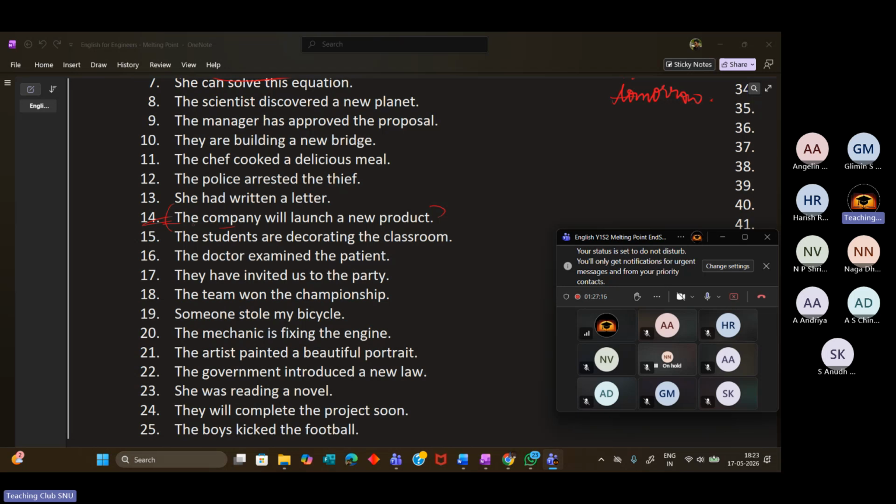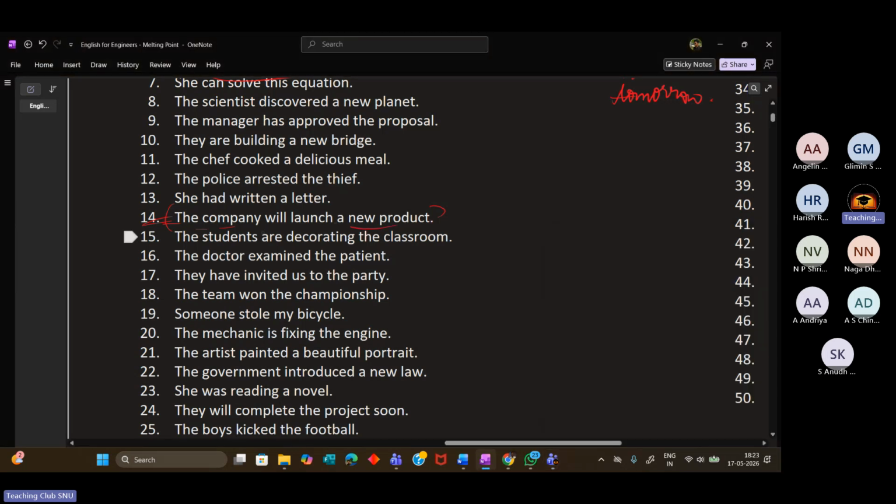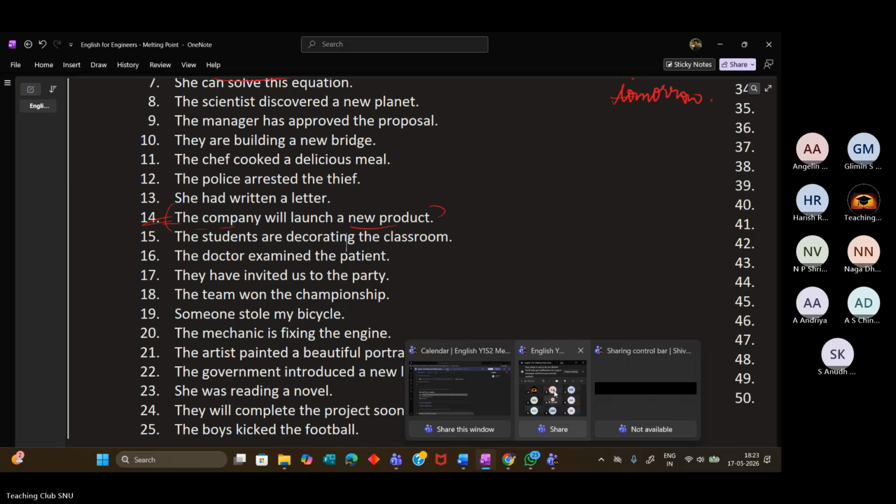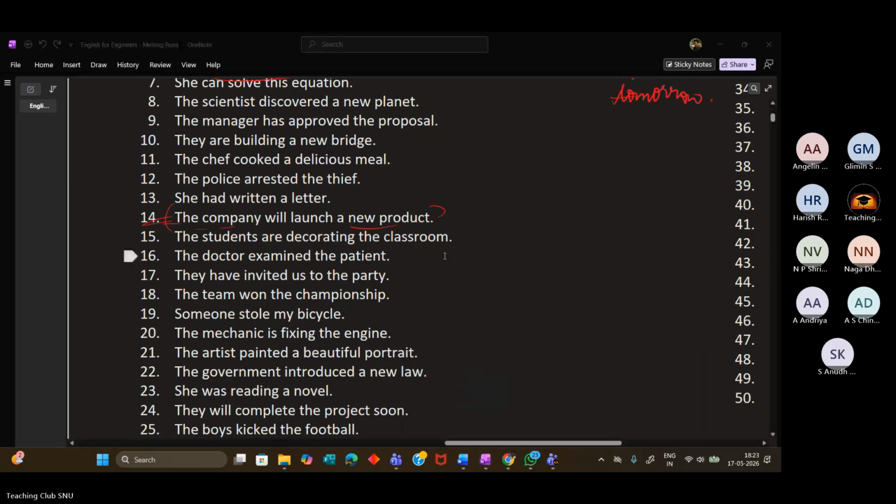So the question is: the company will launch a new product, right? So what is the verb here? Please put launch. Yeah, exactly. So launch will be the verb there, and the auxiliary will be the will.